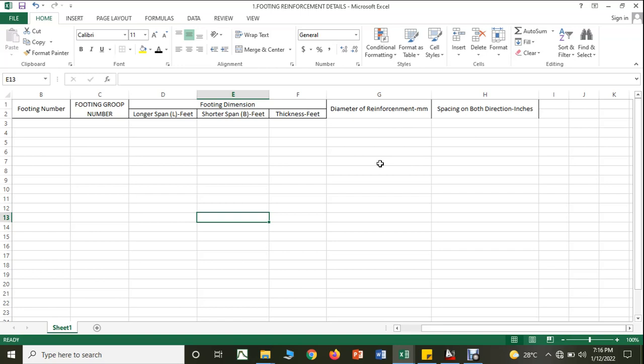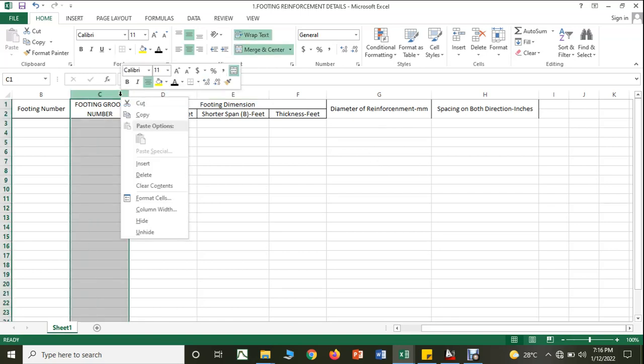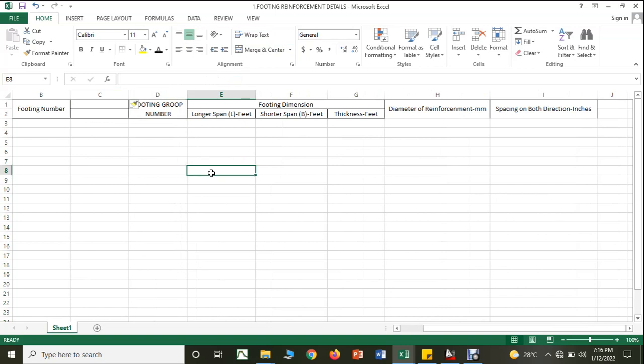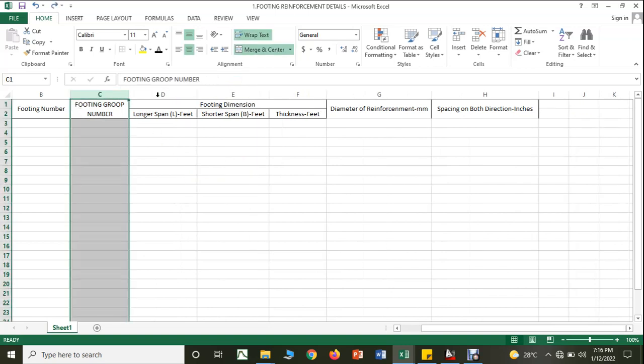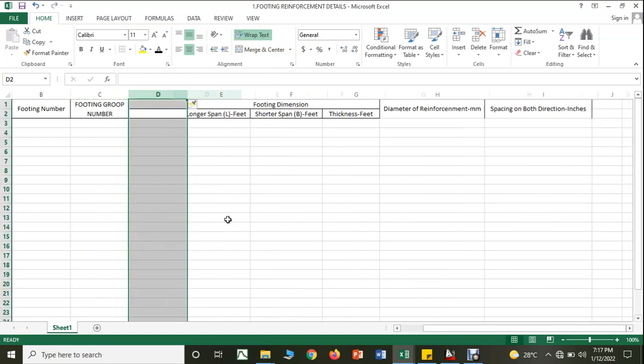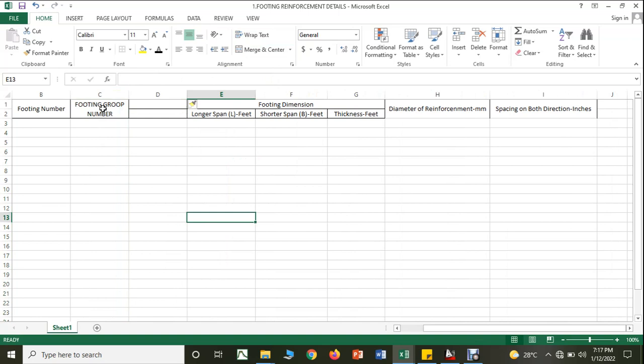But along with this, we are also supposed to mention the corresponding column dimensions. So what I will do is insert a column here. This is the corresponding footing number, and for that footing let us give the corresponding column that we have.